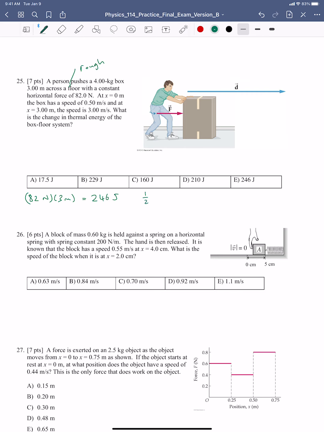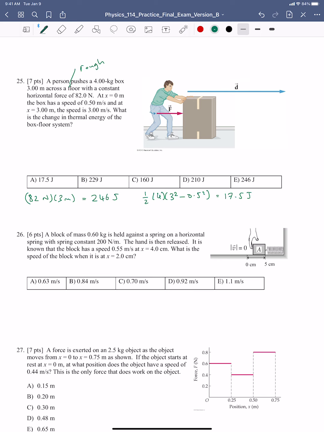And the kinetic energy is 1/2 of the mass, which is 4, times the final speed squared, 3 minus 0.5 squared, which we'll find is not equal to the amount of work done. 0.5 times 4 times 9 times a quarter minus a quarter is 17.5 joules.